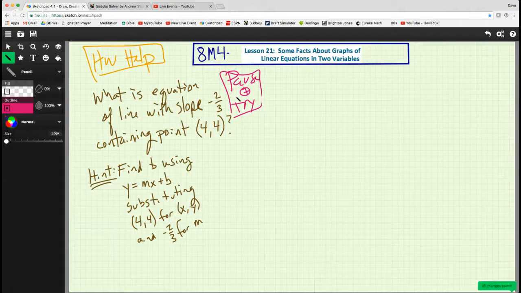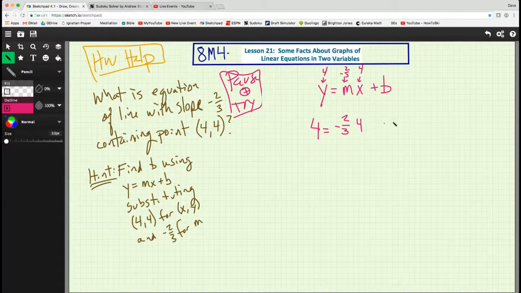Okay. So we start off and we say y equals mx plus b. And we know our m is -2/3, our y is 4, and our x is 4. So let's write those down and substitute those in. 4 equals -2/3 times 4 plus b.